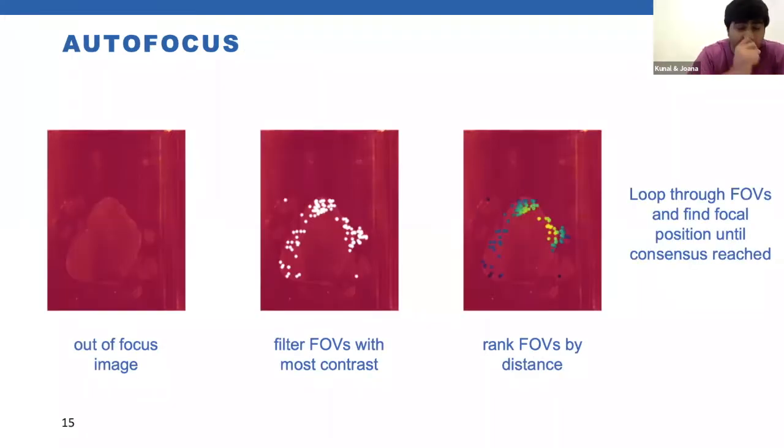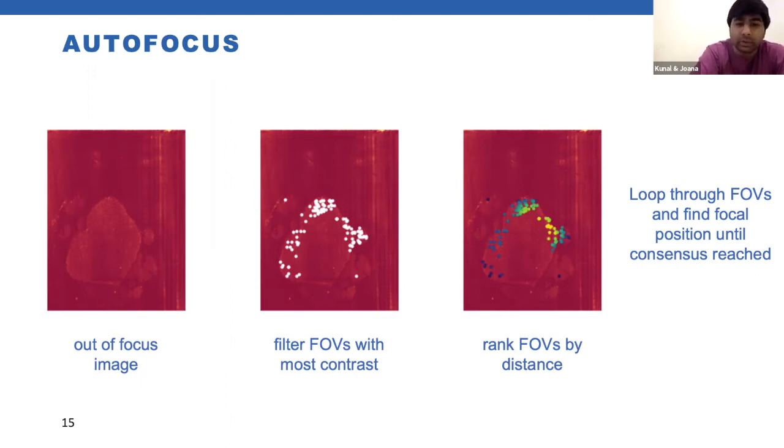We also wrote an autofocus module for true walk-away automation. The way that works is it first takes an autofocus image at a pre-programmed Z position, and then it looks in the autofocus image for fields of view with the most contrast and filters those out.